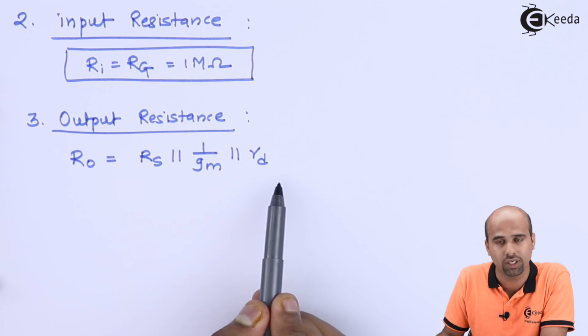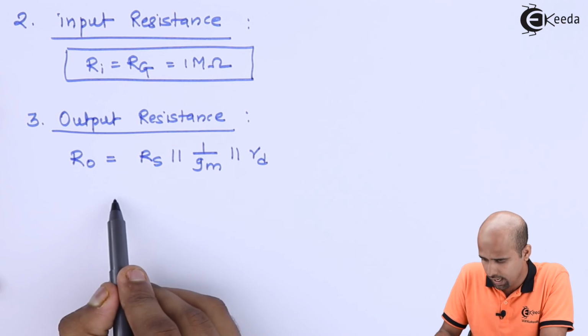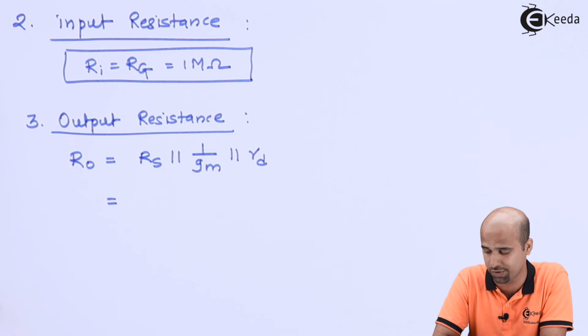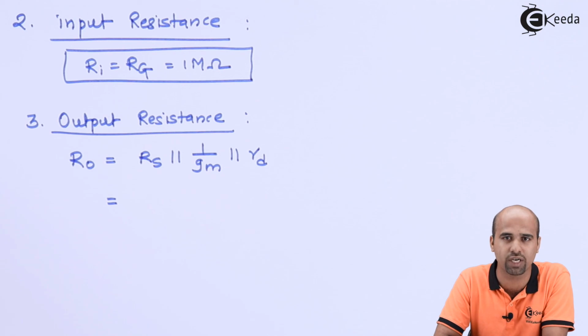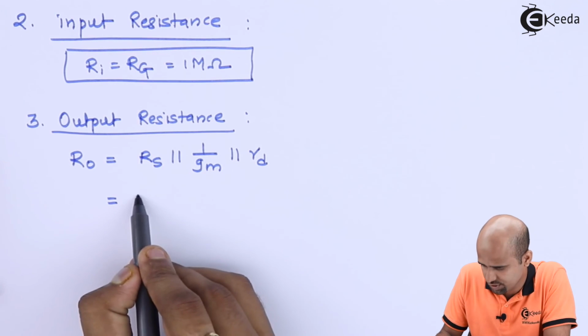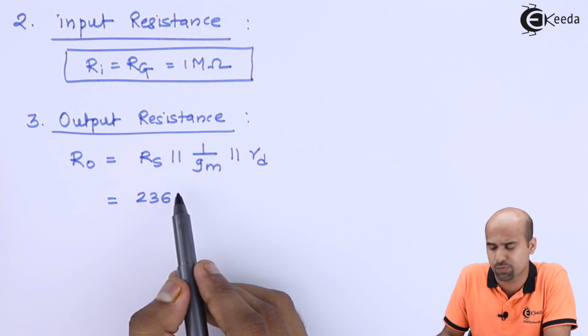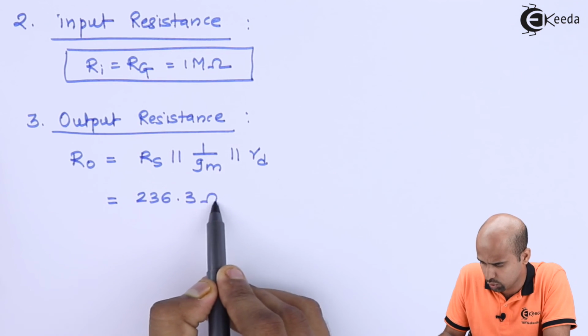So this is the formula with Rd. I know all the values. Let's quickly calculate the parallel combination of Rs, 1 upon Gm and Rd, and that is the value of Ro. Take a short span of 2 minutes, pause your screen and then come to me. So the value of output resistance is 236.3 ohm.